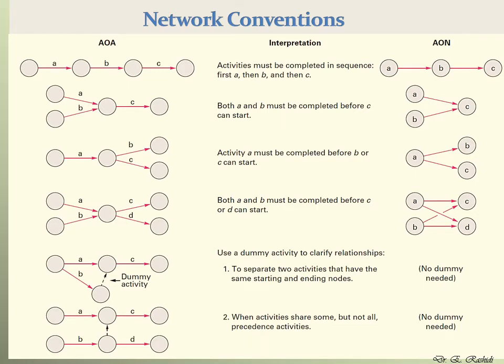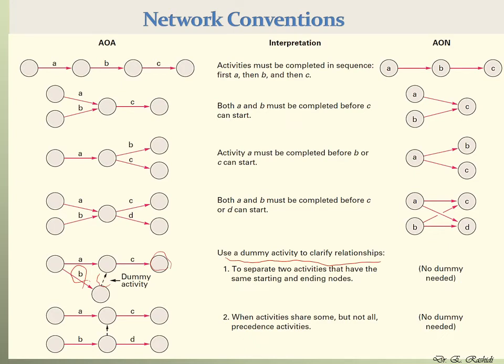Let's take a look at these two scenarios. We need to use a dummy activity to clarify relationships. The first scenario is to separate two activities that have the same starting and same ending. For example, suppose that activity B and activity C, as you see here, have to go to the end node. The end node is here.